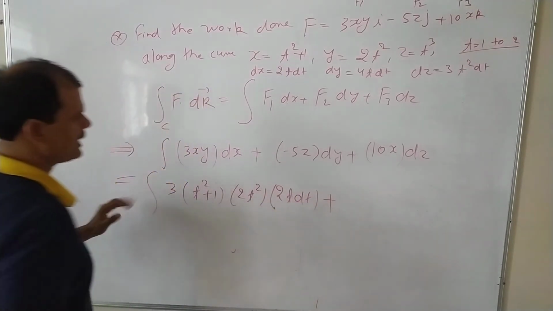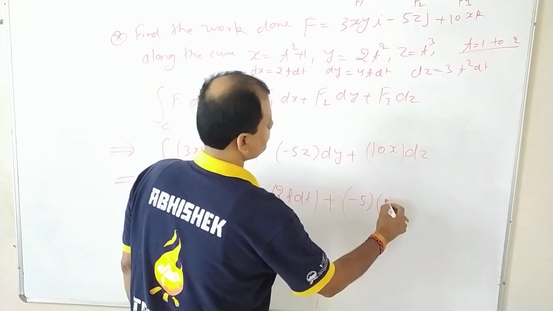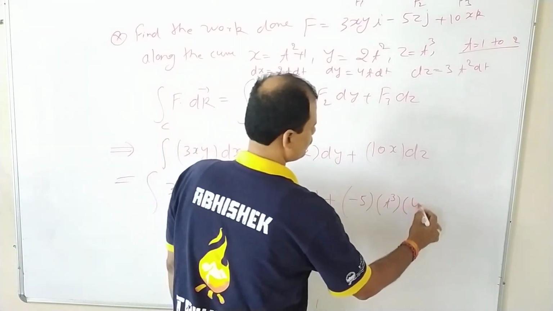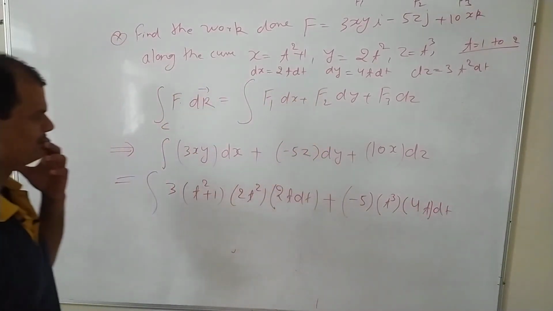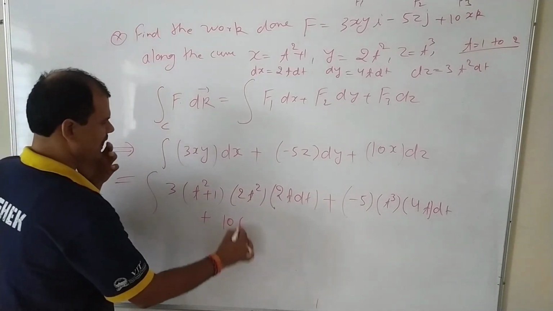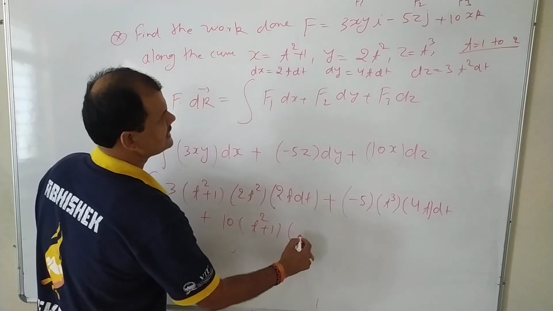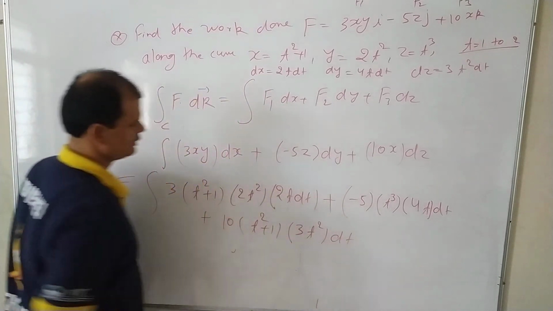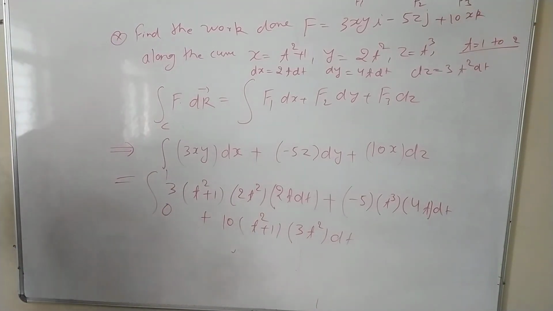First term. Second term, minus 5z, where z equal to t cube and dy equal to 4t dt, plus 10 into x equal to t square plus 1 and dz equal to 3t square dt, with t limit from 1 to 2, fine.